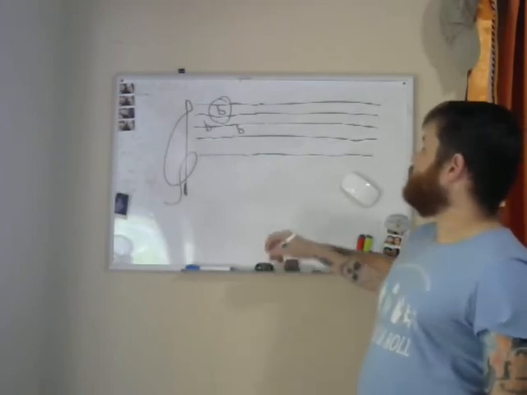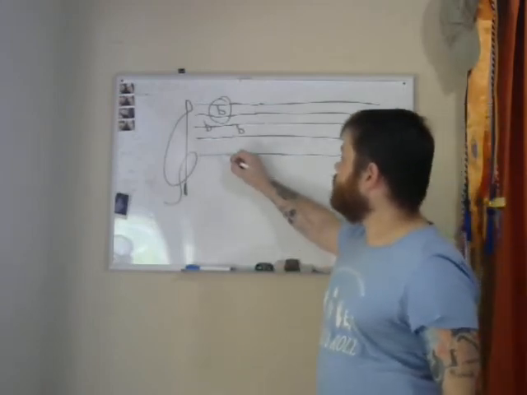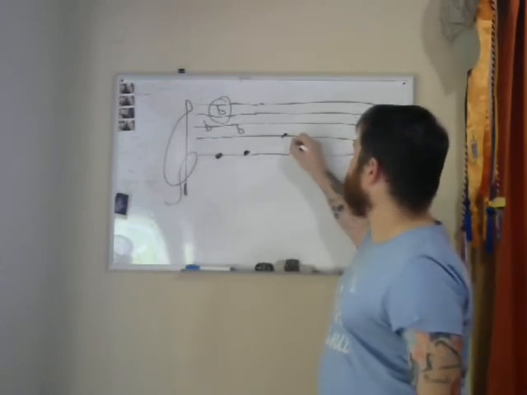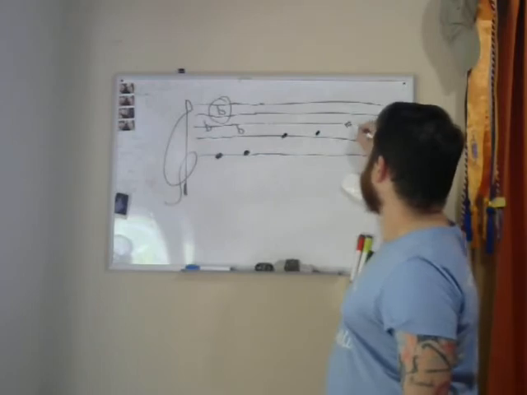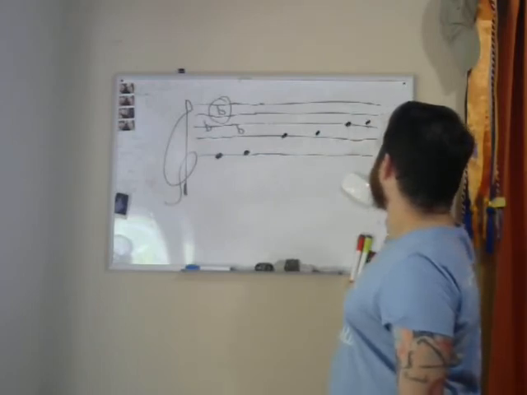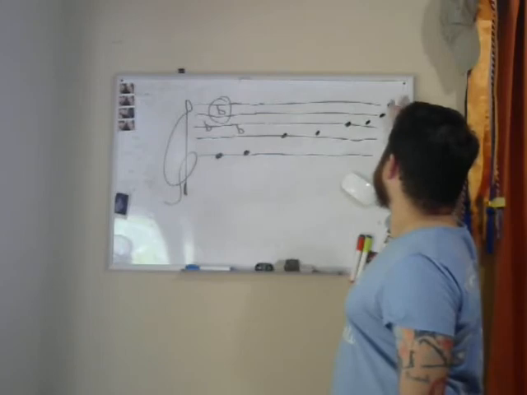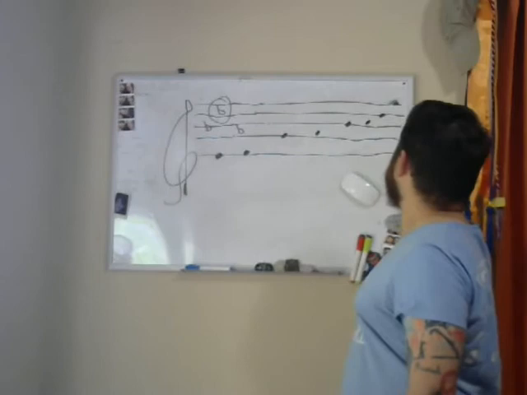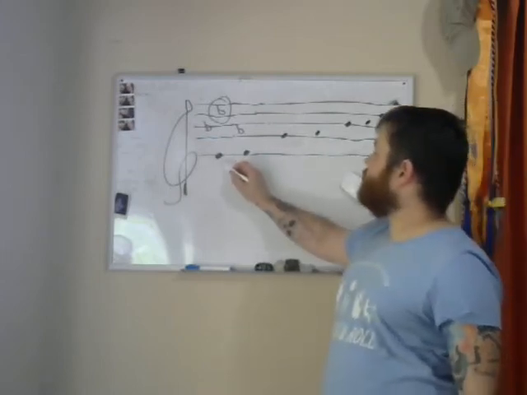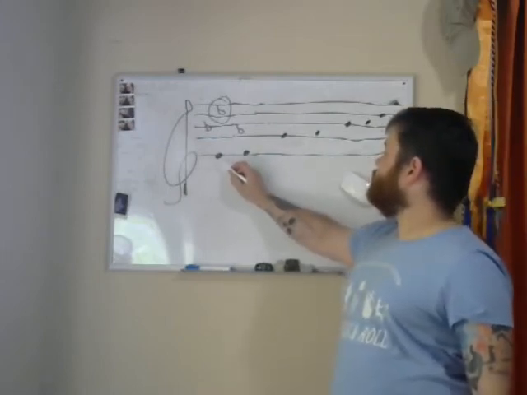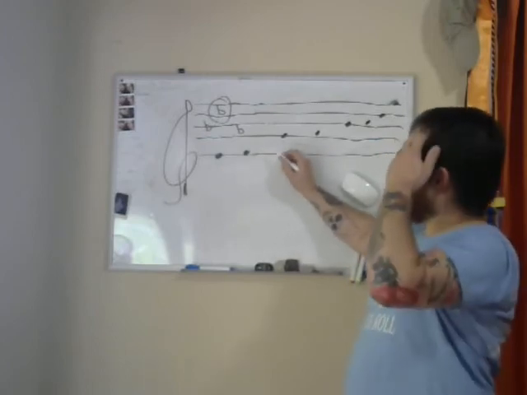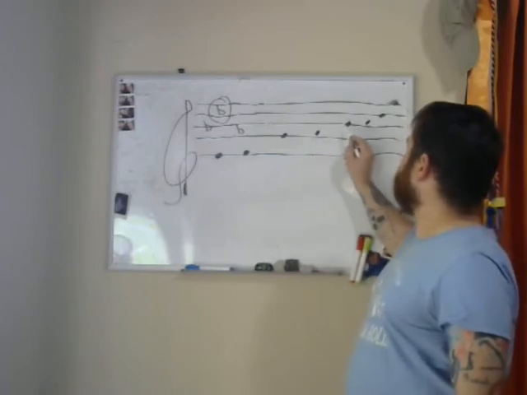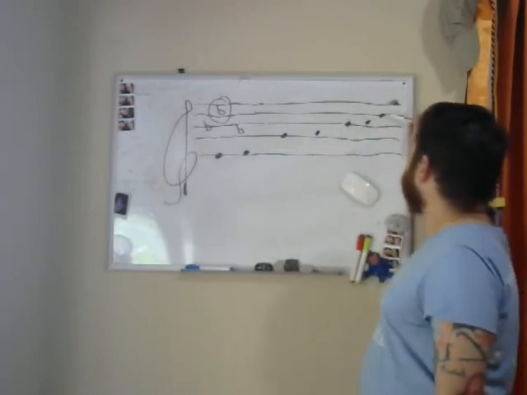So this would be the key of E flat, which means you have the notes E, F, G, A, B, C, D, and E. And the E flat, you have E flat, you have F, G, you would have A flat, you would have B flat, C, D, and E flat.